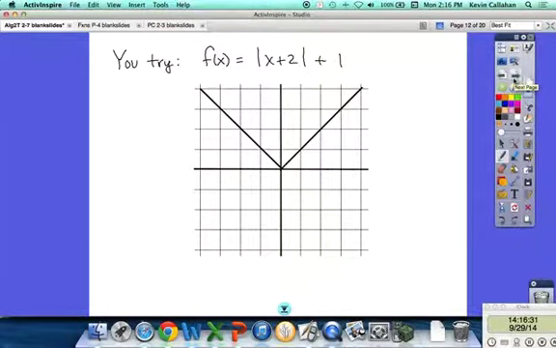Okay, so try this one. First, we'll describe the transformations, and then you can graph it, right? Tell me what this plus 2 inside is going to do. And what is the plus 1? Left 2, up 1. So try to sketch yourself a graph. Left, up.